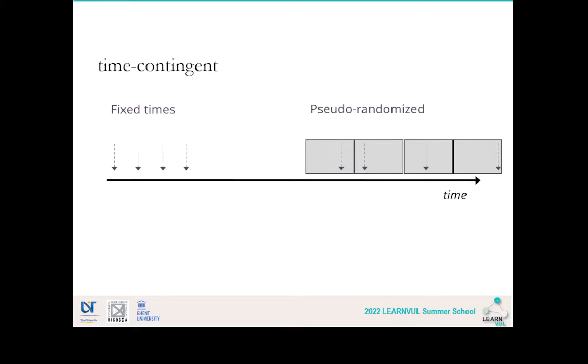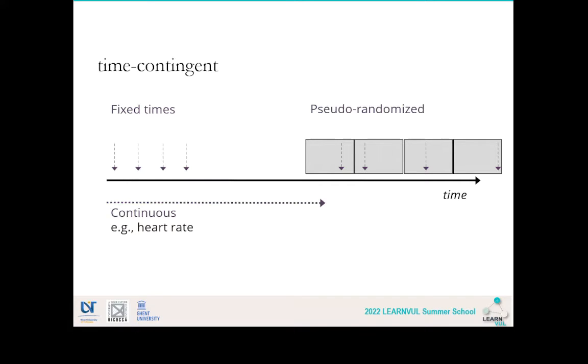So not everybody will receive it at the same time, but within, I don't know, half an hour, I will send you a prompt, but you don't know when exactly. So people are not waiting for it. When you have a life, you're not waiting for it, but some people don't have a life and they just look at their phone waiting for a prompt to respond.